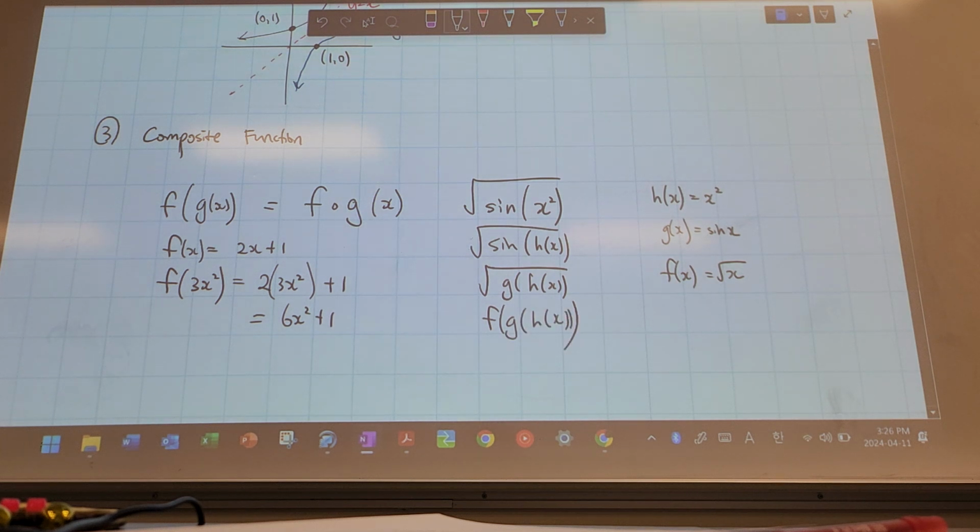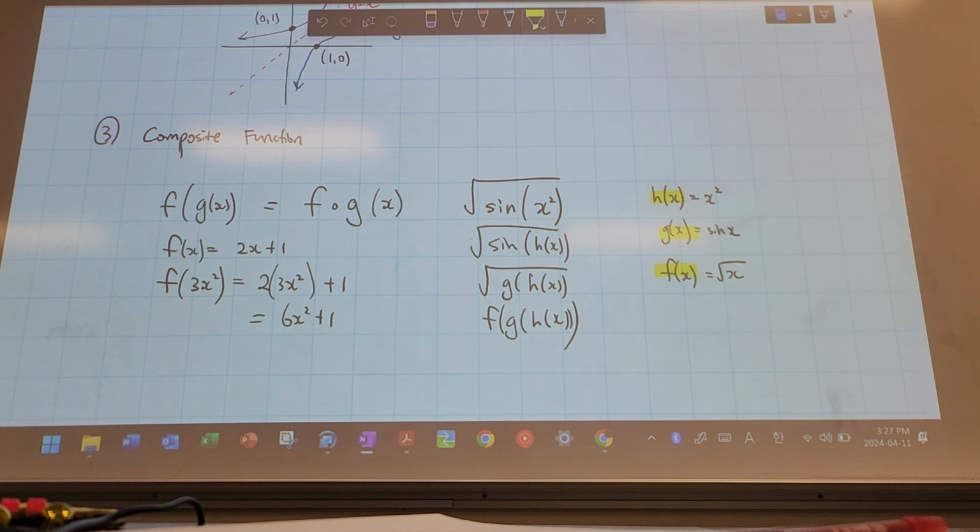Then when I'm doing the chain rule, life gets slightly easier, because no one likes to deal with the square root of sine of x squared. That's too much. So identify the h of x, g of x, and f of x. That's helpful. Any questions about this?